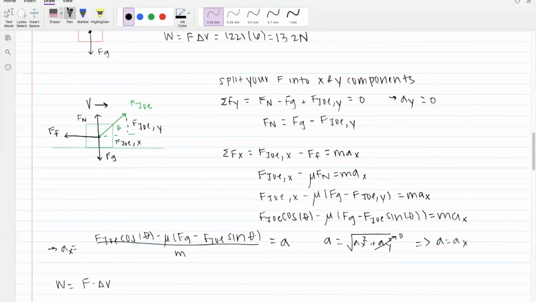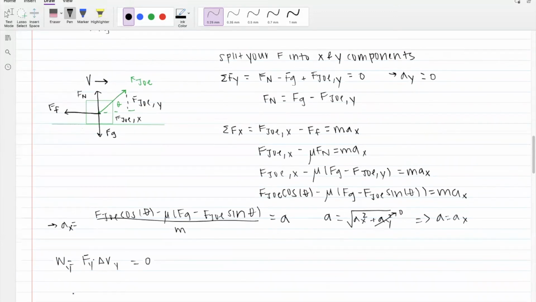So let's look at the forces in the y direction first. We know that this block is not levitating or moving up and down because the acceleration in the y direction is equal to 0. So that means that the work done in the y direction is also equal to 0. Let's look at the work done in the x direction.